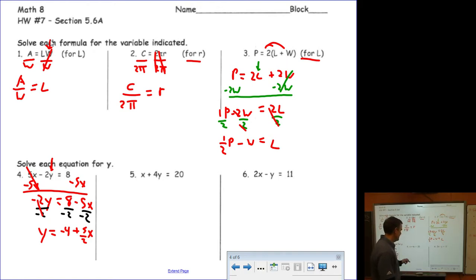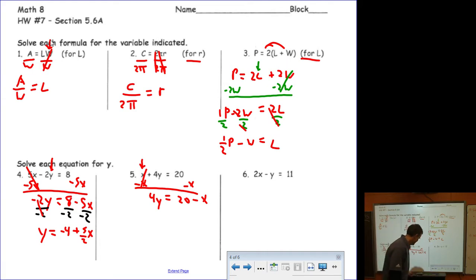In number 5, the first thing I need to do is get the X term over to the other side, so I'm going to subtract X from both sides. That's going to get the 4Y by itself, and it would be 20 minus X. And then I would get rid of the 4 by dividing everything by 4.